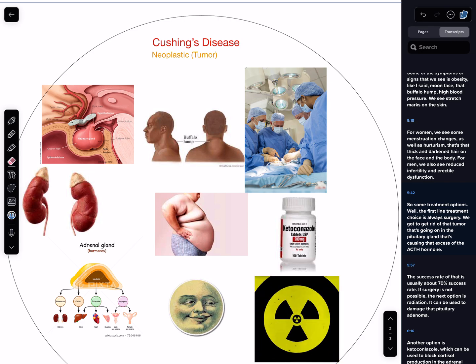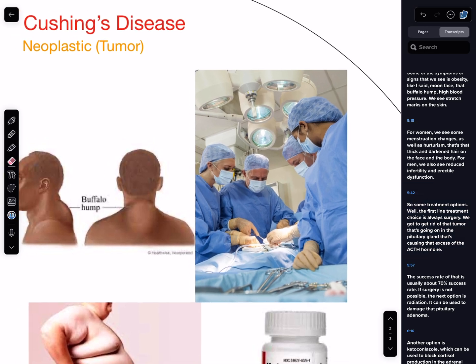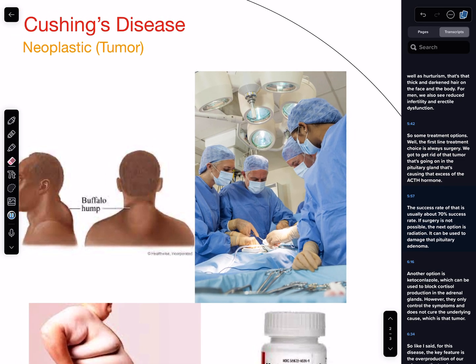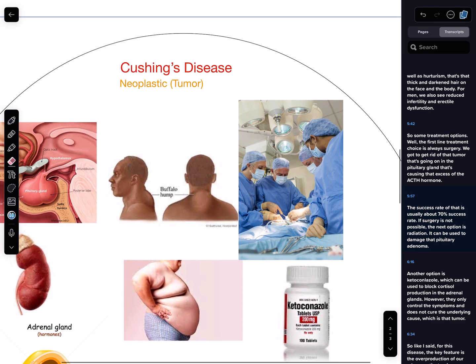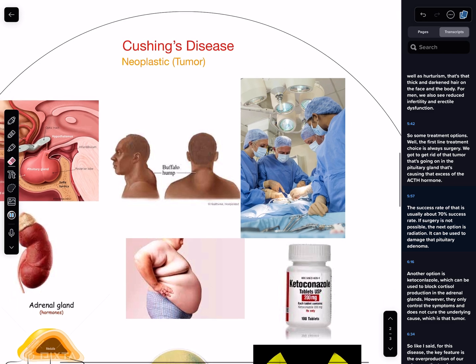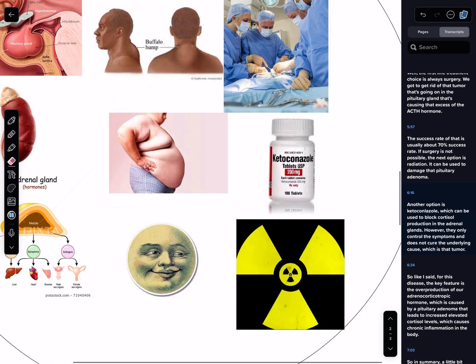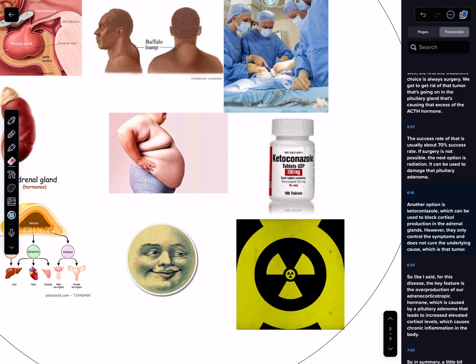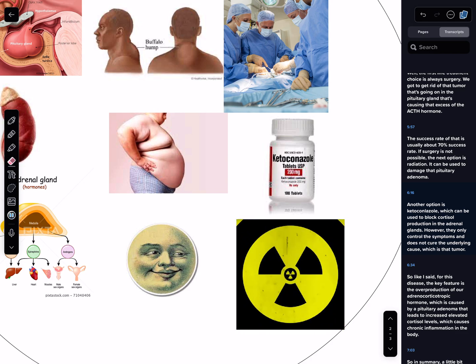So some treatment options. Well, the first line treatment choice is always surgery. We've got to get rid of that tumor that's going on in the pituitary gland that's causing that excess of the ACTH hormone. And the success rate of that is usually about 70%. If surgery is not possible, the next option is radiation, which can be used to damage that pituitary adenoma.